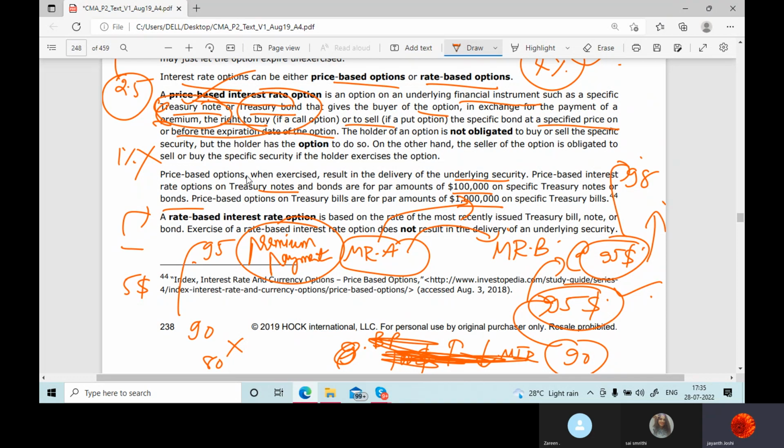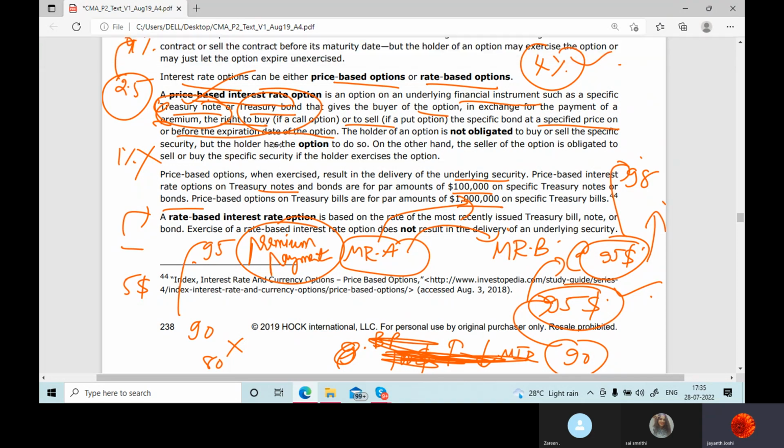So they are saying that price-based options when exercised result in the delivery of the underlying security. Suppose you want to buy, so the other party has to deliver the security to you, correct? Now price-based interest rate options on treasury notes, this is one of the securities, and bonds, that is another type of security, are for par amounts of 1 lakh on specific treasury notes or bonds.